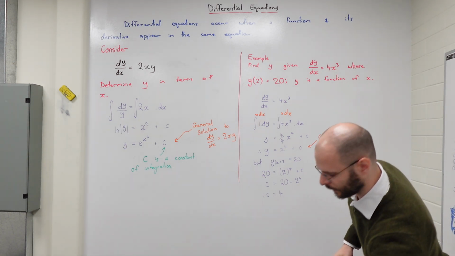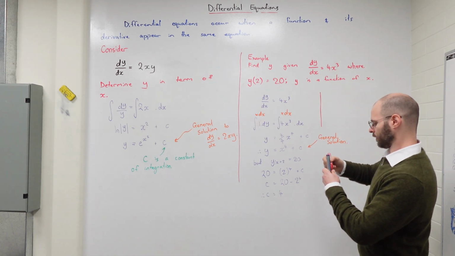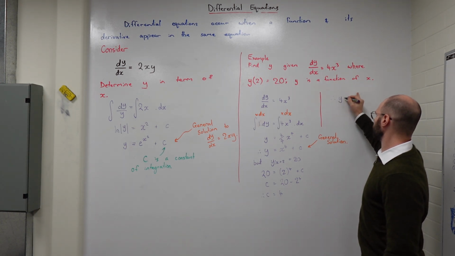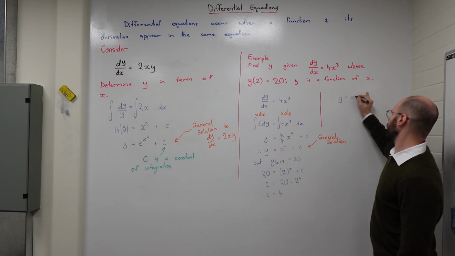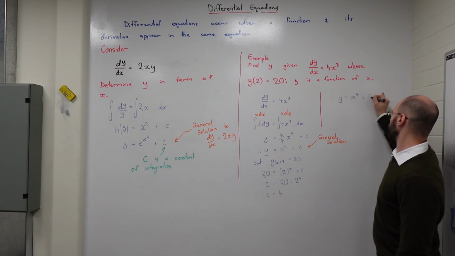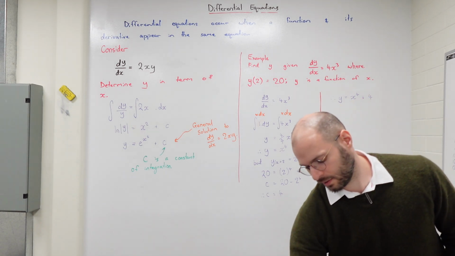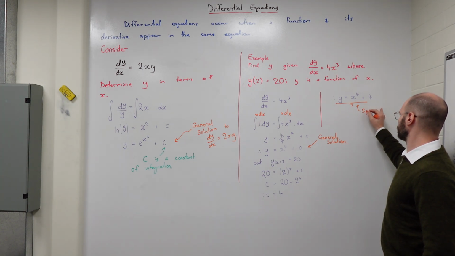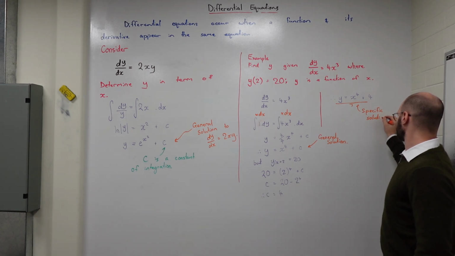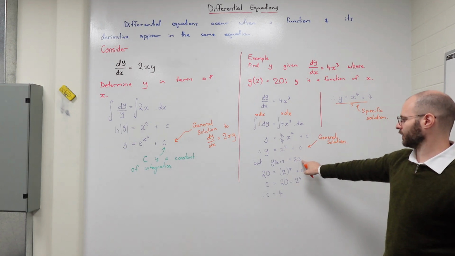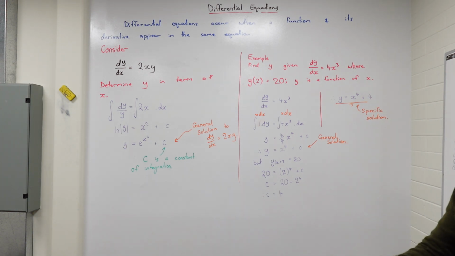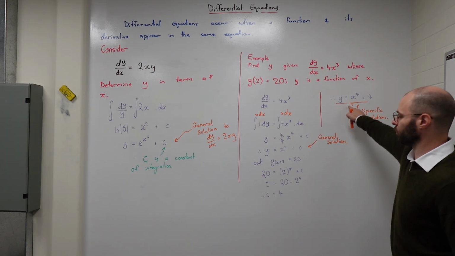Therefore, y equals x to the 4 plus 4. What we call this is our specific solution. It's specific to a particular case, in which when x equals 2, y equals 20.